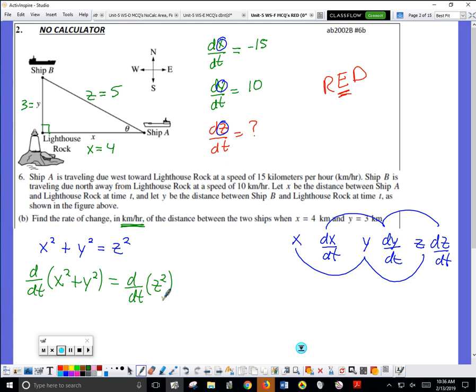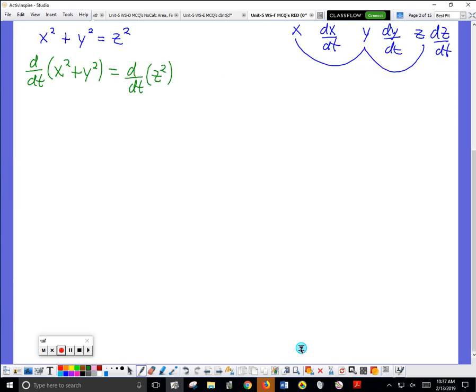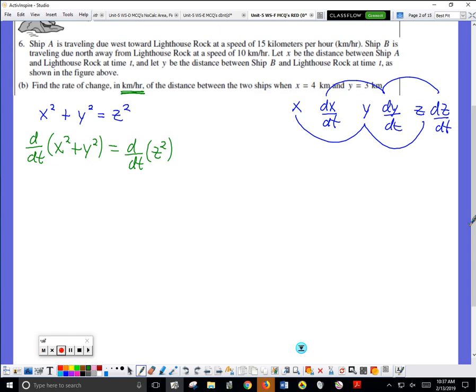Okay, I'm almost there. These two things are adding, so I take the derivative: 2x dx/dt plus 2y dy/dt equals 2z dz/dt. That's just the power rule. At that point you're supposed to solve for dz/dt, but you know everything. x is 4, dx/dt is negative 15.